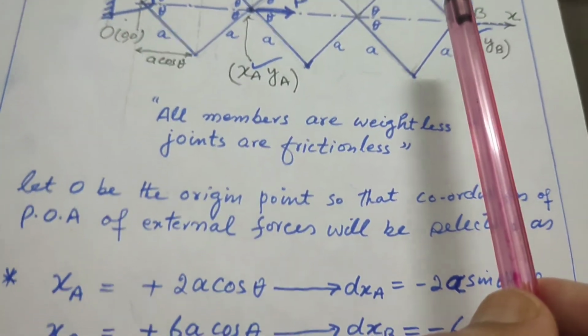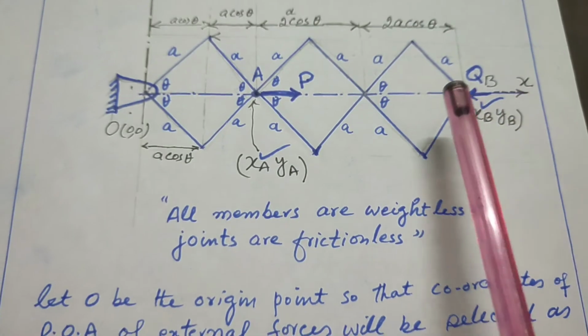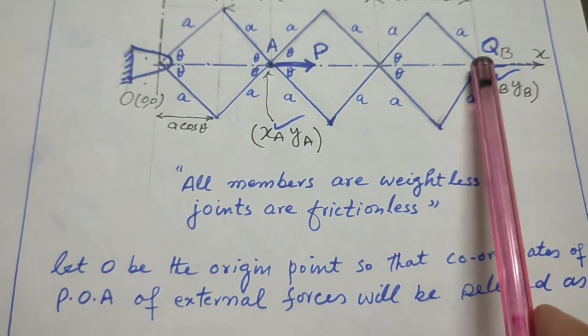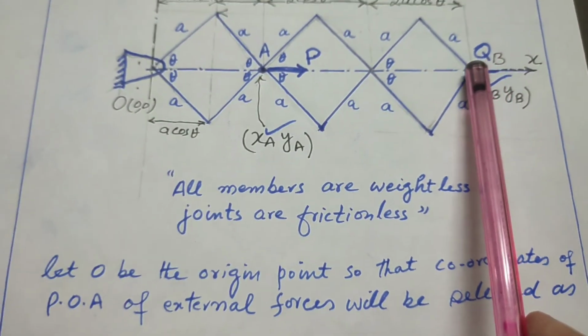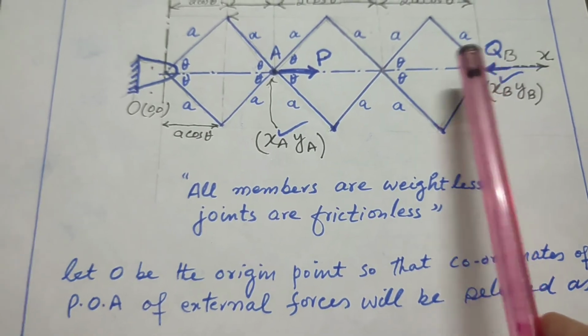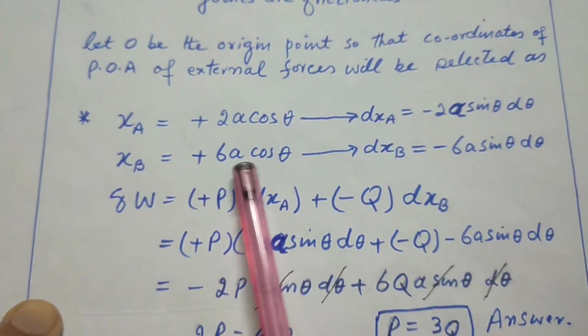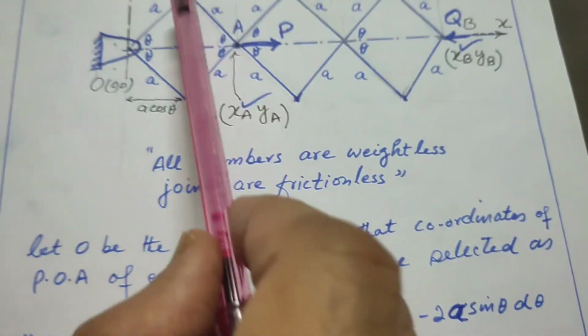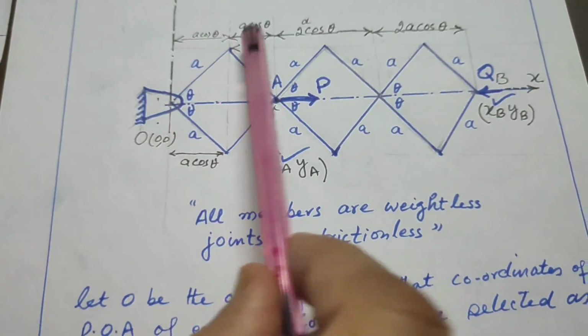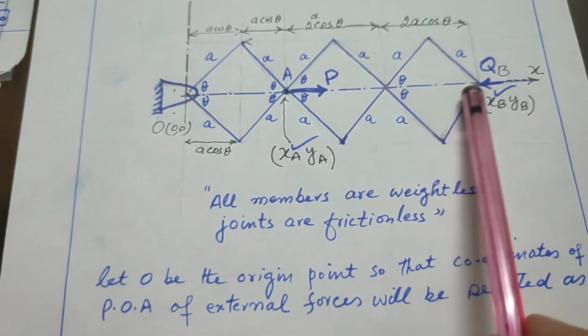XB is equal to 6A cos theta. This 2A, then 2A, then 2A, 6A.